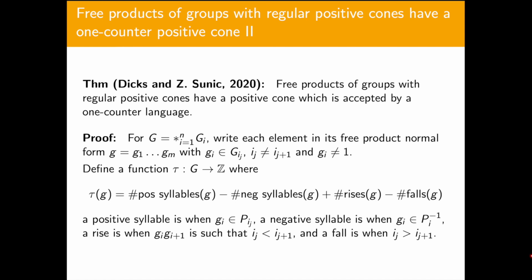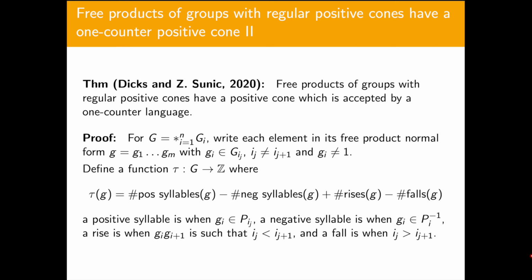So write g as g_1 to g_n, where each of those factors is in a single group factor, such that two consecutive factors of the element g don't belong to the same group factor, and such that each factor of the element g is not equal to 1.